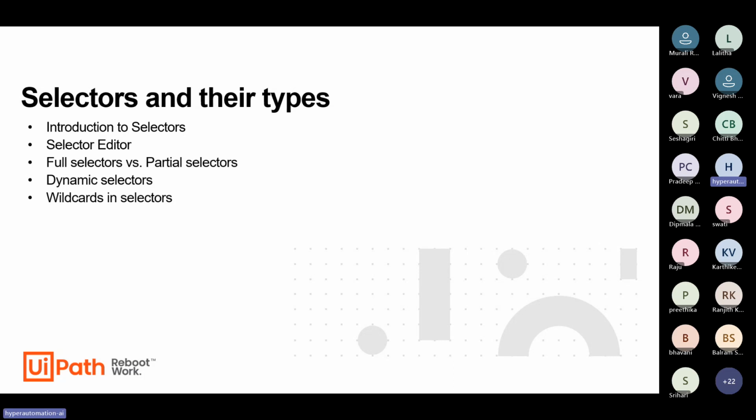So let's understand the purpose of utilizing selectors, how to do selector editing, the basic difference between full and partial selectors, and the purpose of dynamic selectors and wildcards in selectors.